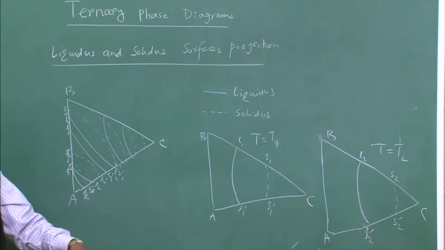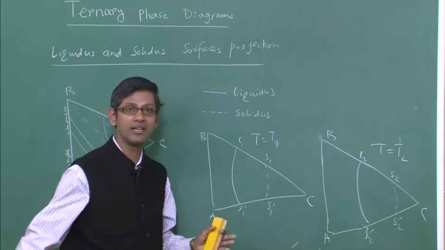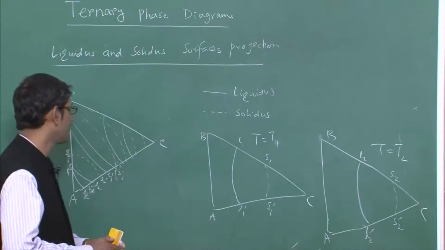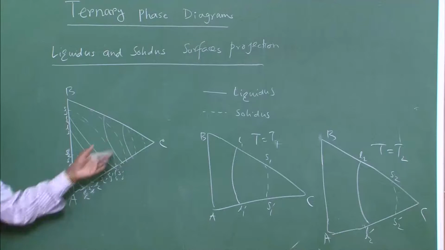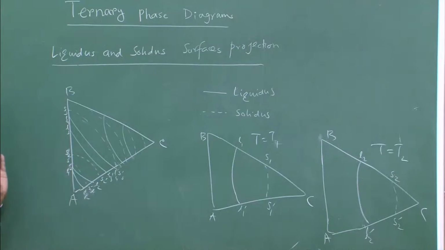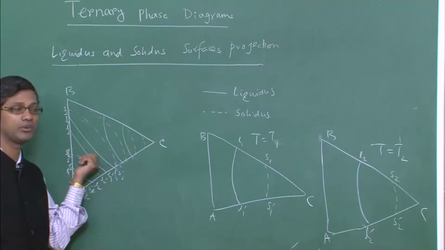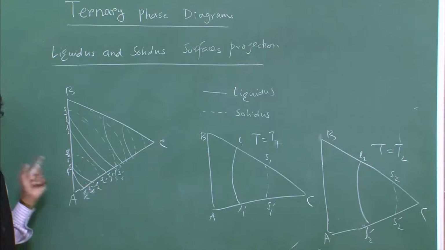Once I get all of them, I can put all these sections, each of which is a triangle, on top of each other. Once I do that, I get this diagram. This is nothing but the liquidus and solidus surface projections. Understand? So, at different temperatures, whatever section I get, I plot it into the projection. This is very important. Why?